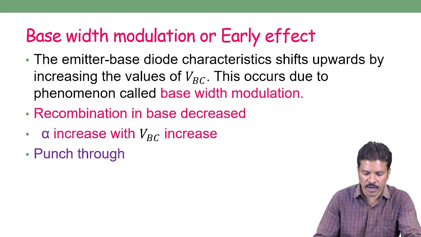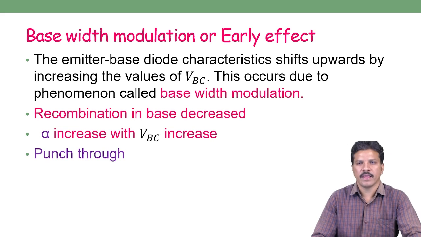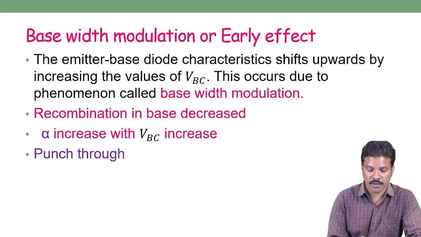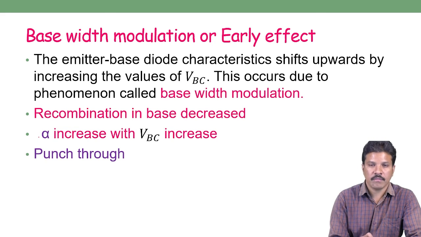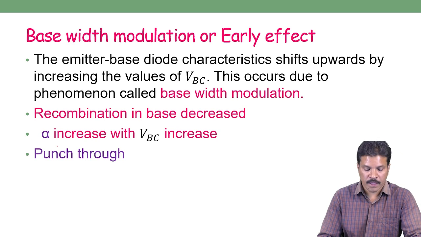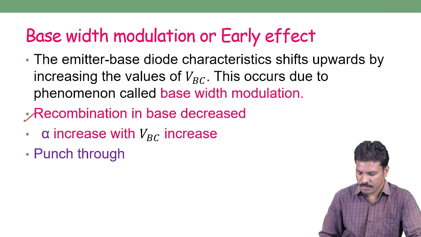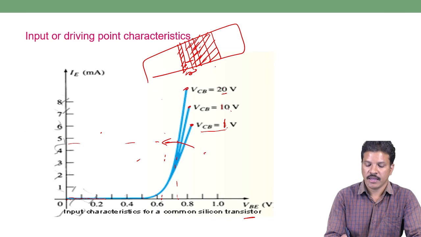There are two important consequences in the common base configuration due to the early effect. Here, recombination in the base decreases by changing the reverse voltage.